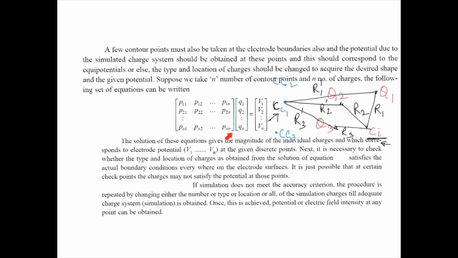But in this case, since we know the magnitude of the charges and we also know the values of these potential coefficients, because we know these distances, namely R1 dash, R2 dash and R3 dash, and similarly we know the permittivity of this medium, which is same as before, we can now calculate the potentials at Cc1, Cc2 and Cc3.